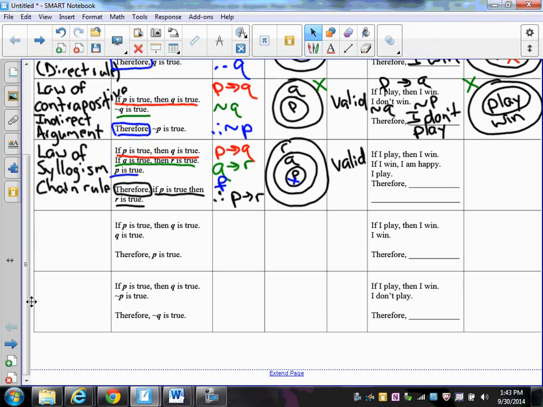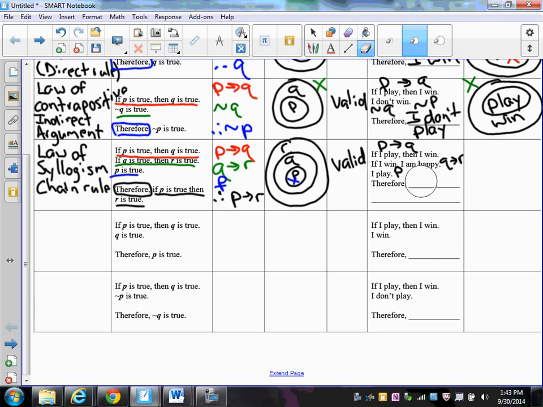It says, if I play, then I win. So this is P, then Q. If I win, I am happy. That's Q, then R. I play, there's P. Therefore, I guess we shouldn't say therefore, if we play, I know I am happy.